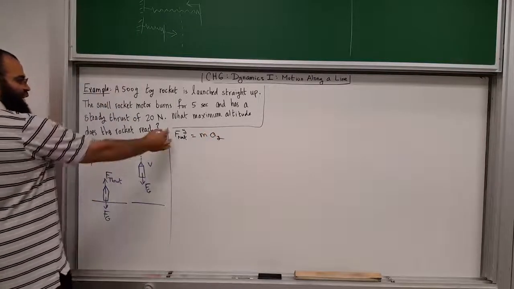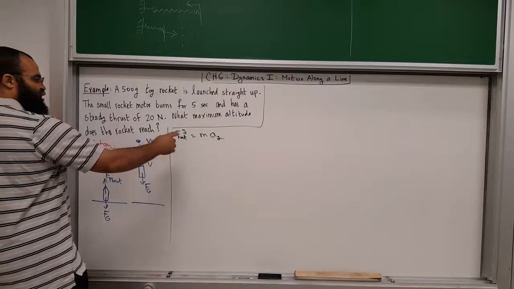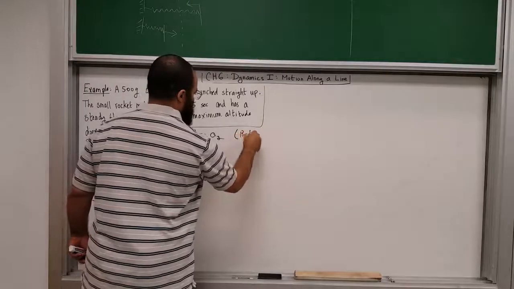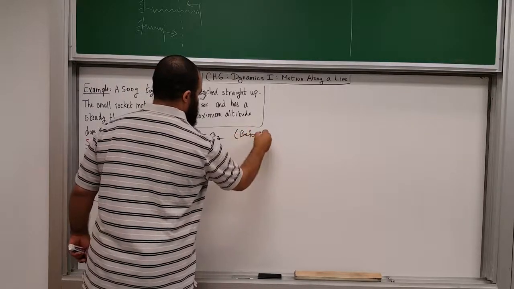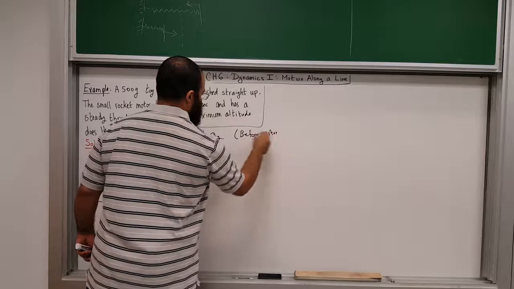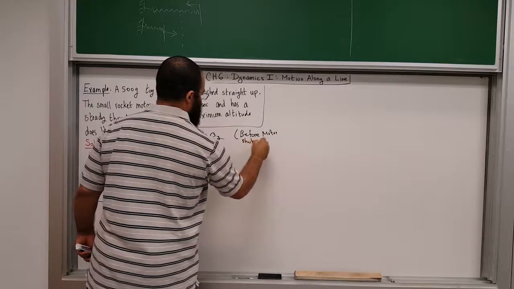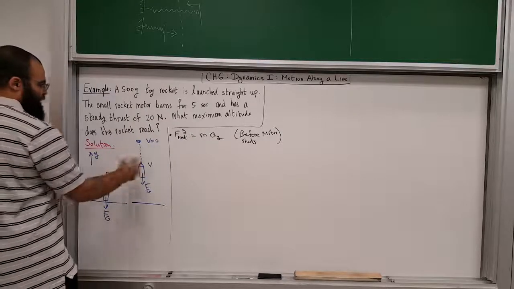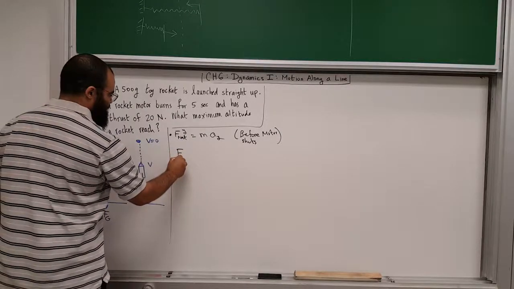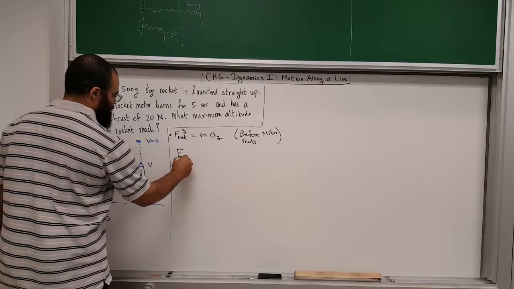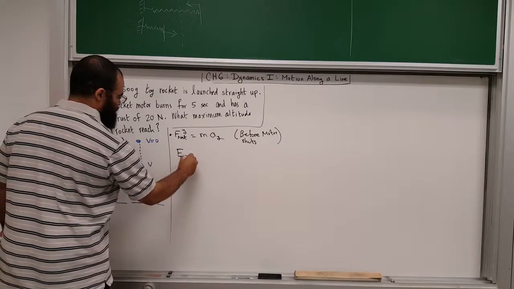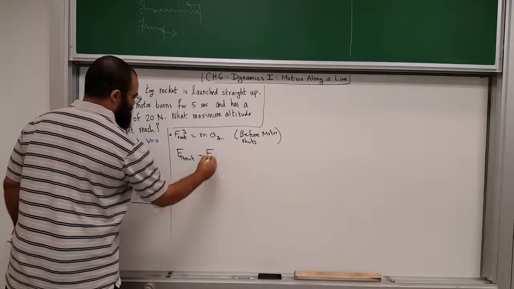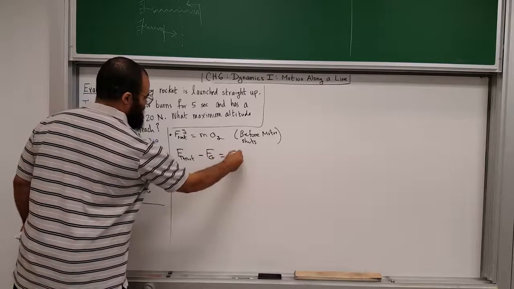This is while the motor is working, before it runs out of fuel. The forces are the force of thrust upward, and then minus the force of gravity because it's downward, equal to the mass times the acceleration.